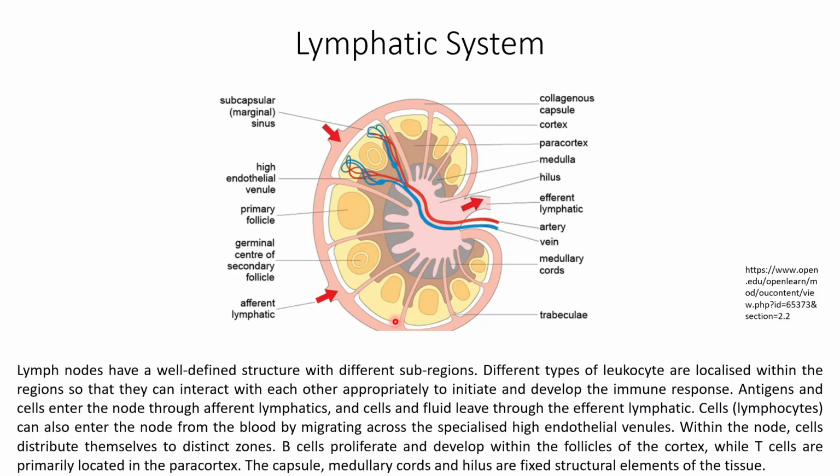The lymph nodes are very rich sites where T cells and B cells can exchange and receive information about infections or diseases that may be causing a threat to the body.